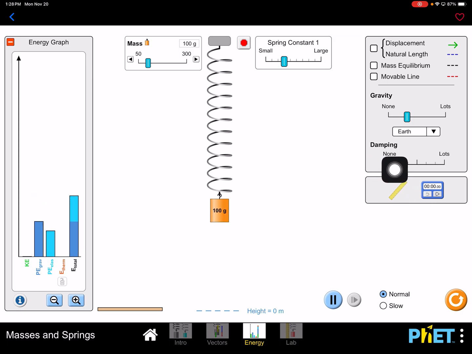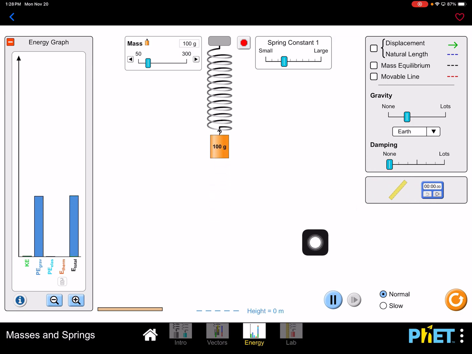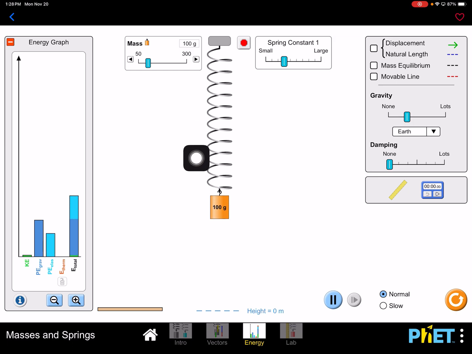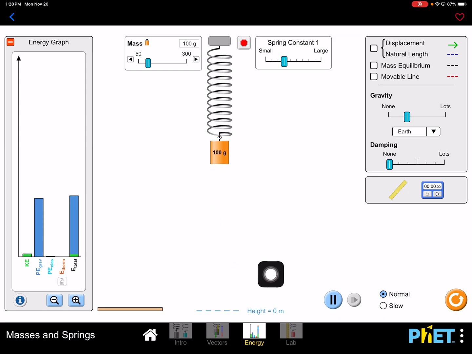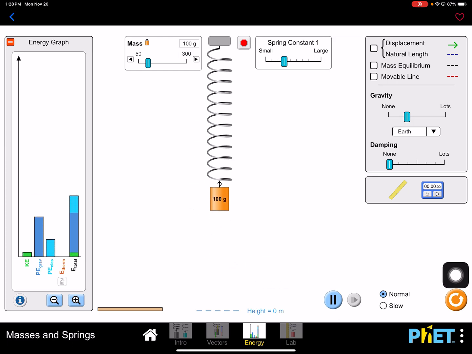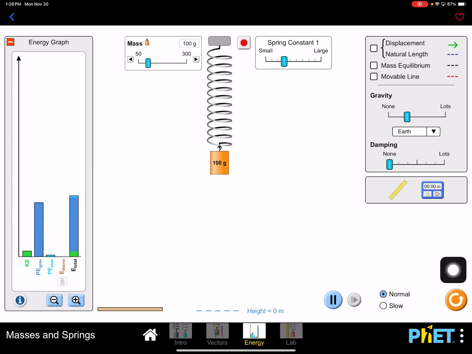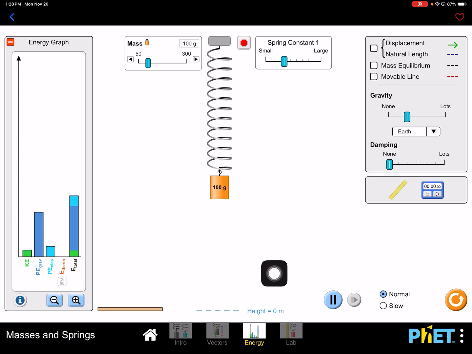So right now, you see there is no damping in the system. One of the things we'll be interested in is that this motion looks fairly complicated.